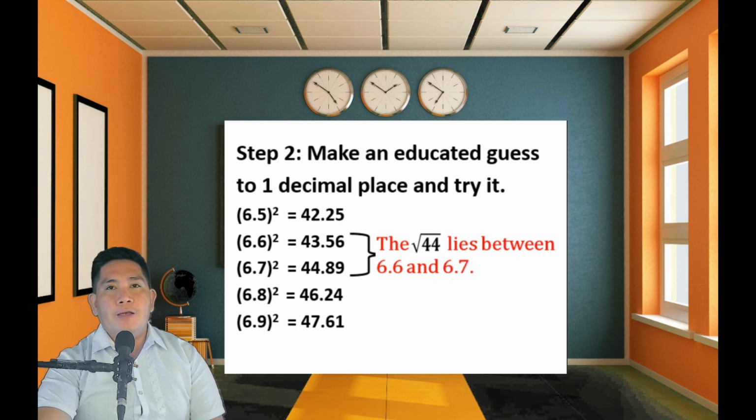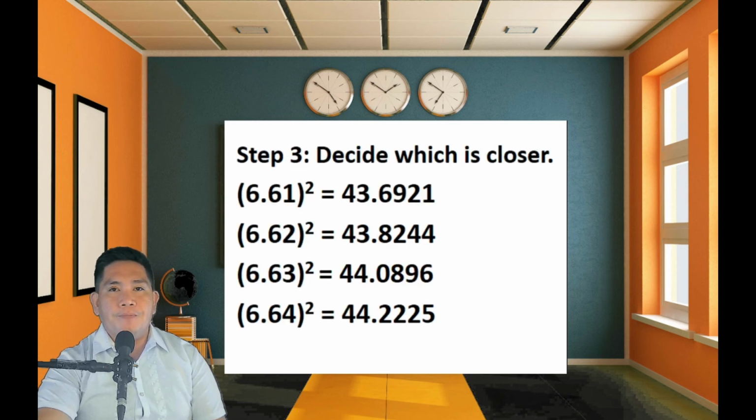You have to take note that squaring 6.1, 6.2, 6.3, and 6.4 is not necessary since the square root of 44 is closest to 7. Then after squaring the numbers closer to 7 with one decimal place, we will now proceed to step number 3.